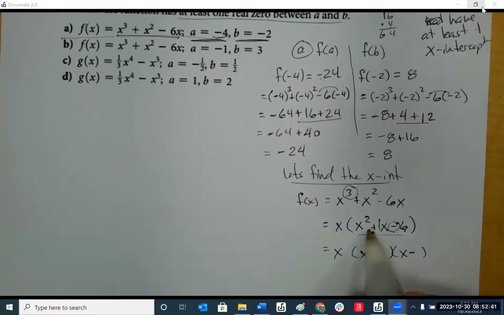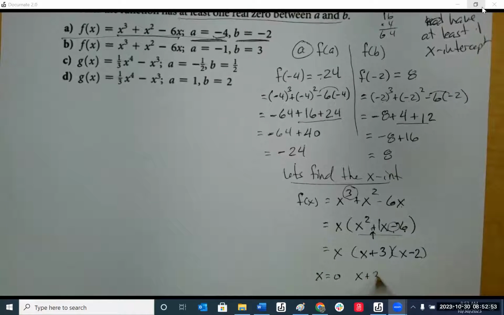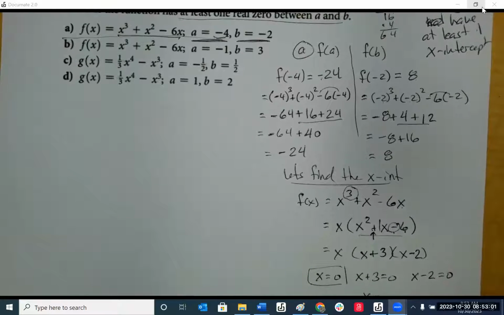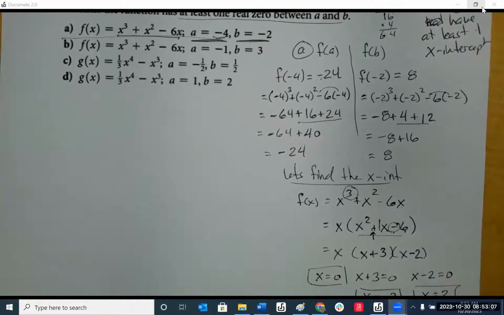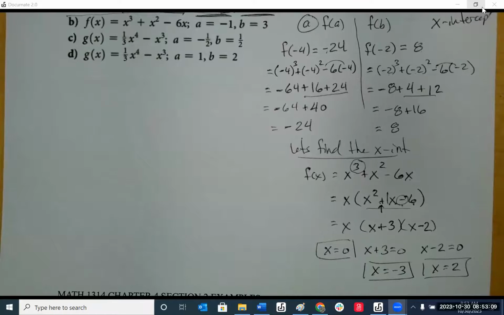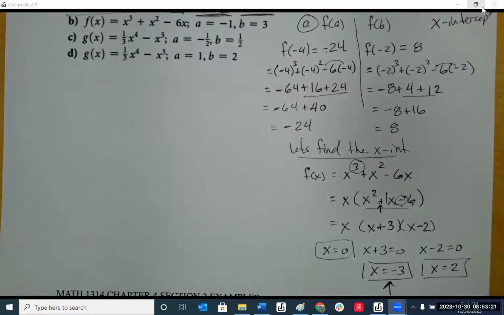Since the first sign is positive, the 3 gets the positive. And these are our 3 solutions. We set them all equal to 0 to find our x-intercepts. What the intermediate value theorem says is that at least one number will be between negative 4 and negative 2. Yep, we have a negative 3. There's our x-intercept.